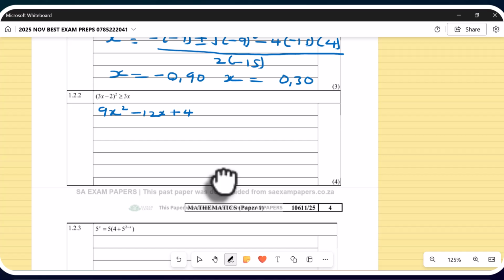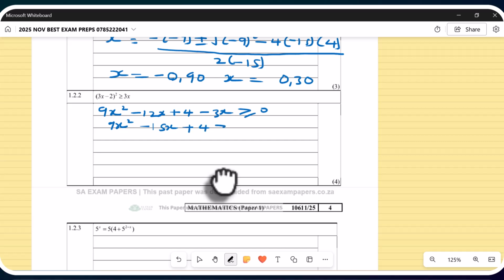All right, so now the critical values become what? I get x equals 1 over 3, also x equals 4 over 3. So now we said that you must get the number line and put the critical values.